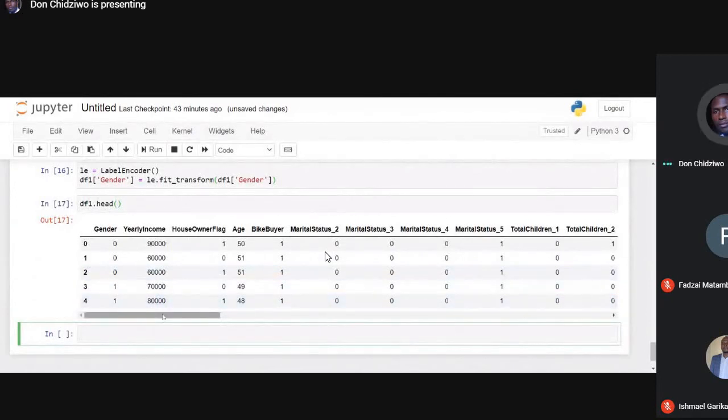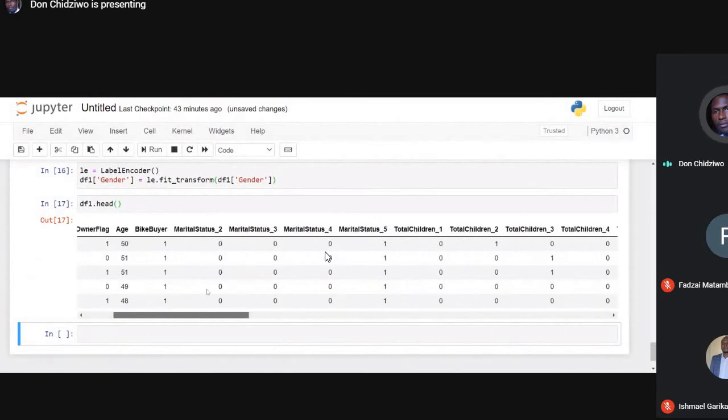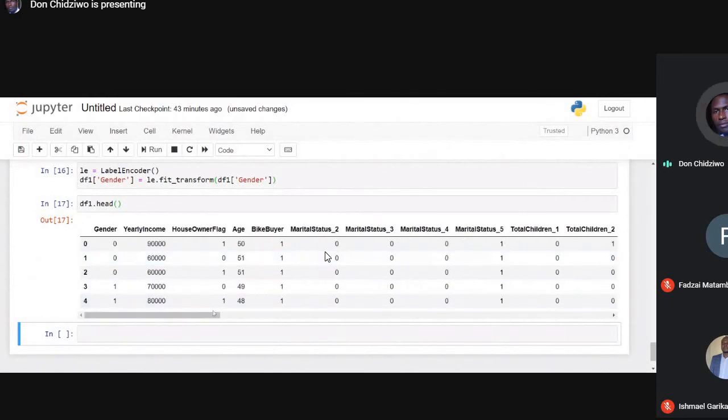So you see that except for house owner, except for yearly income and age, our data frame is now comprised of zeros and ones.